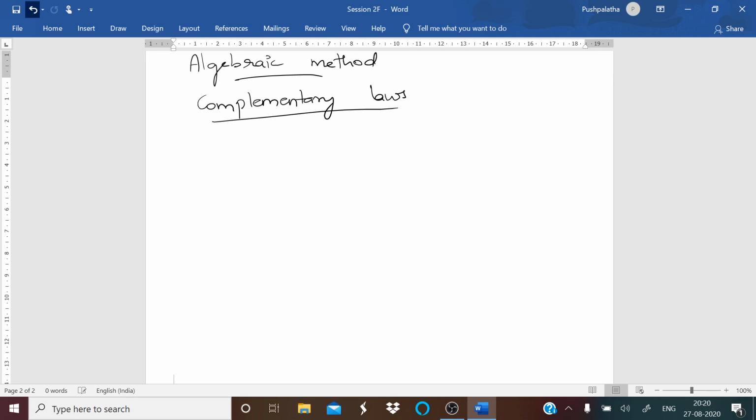So what does the complementary law state? As we said earlier, these laws are very important throughout. You have one statement as x plus x bar is always 1, and the other statement as x into x bar is equal to 0. Let us use these complementary laws and go further.